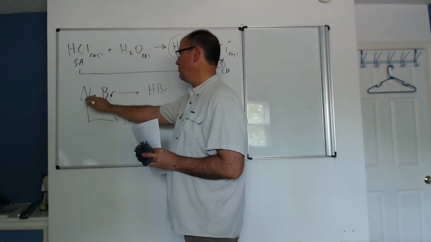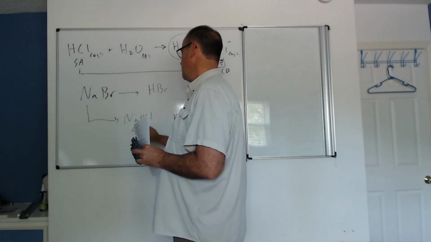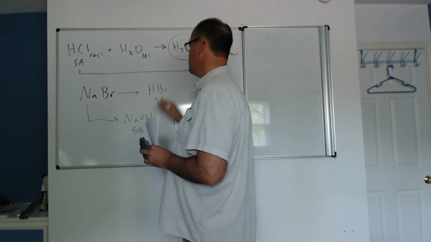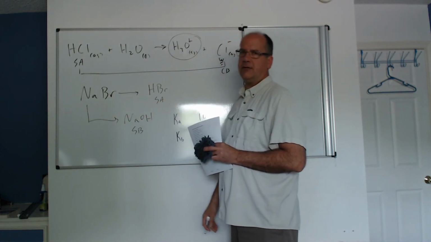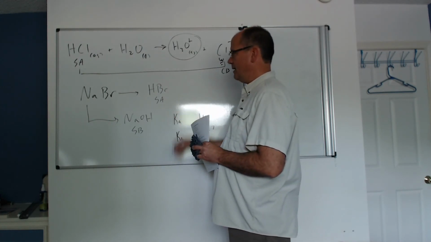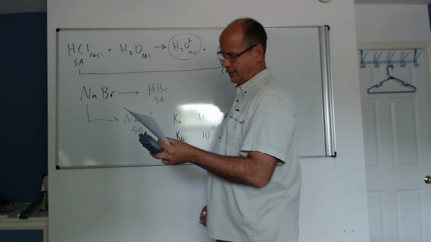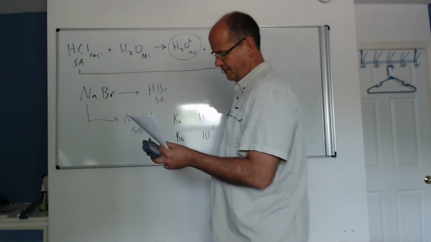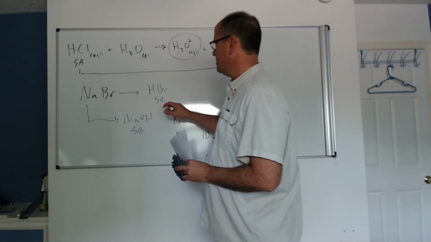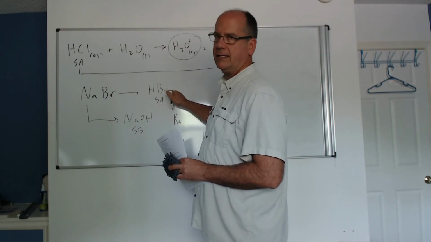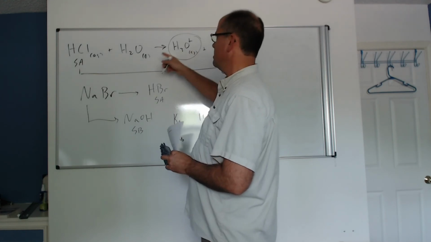This sodium came from a strong base. The bromine came from a strong acid, strong base. Mix them together and neutralize them. Your pH is going to be 7. And so it doesn't matter what the molarity is, the pH here is going to be 7. Because the bromine ion isn't going to have any effect on the pH from what we talked about above.